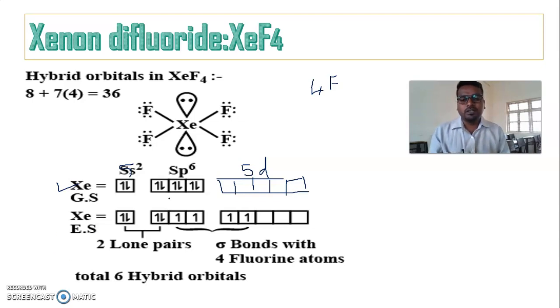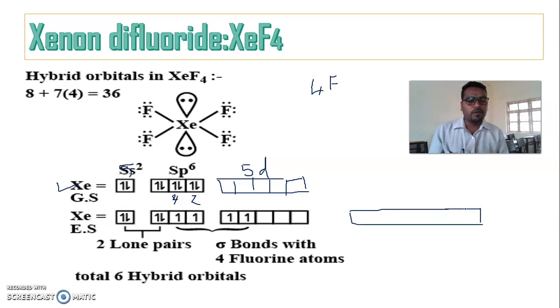So in xenon, electrons from the 5py and 5pz orbitals are excited to the nearest empty d orbitals to form 4 partially filled orbitals. These 4 partially filled orbitals and 2 lone pairs undergo hybridization to form 6 hybrid orbitals.